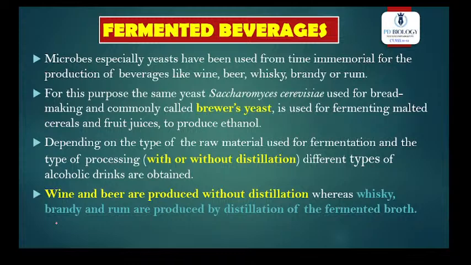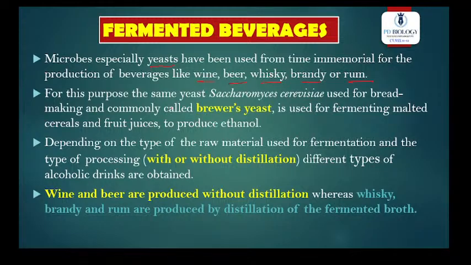Now, in the fermentation tanks, the fermented beverages are produced. Here the microbes, especially yeasts, have been used from time immemorial for the production of beverages like wine, beer, whiskey, brandy or rum.